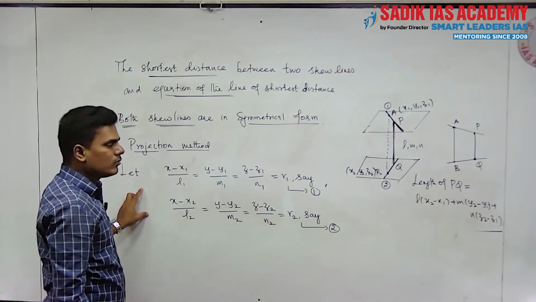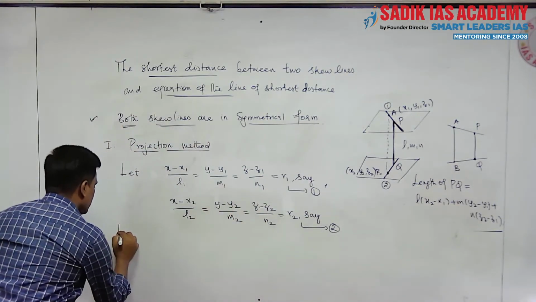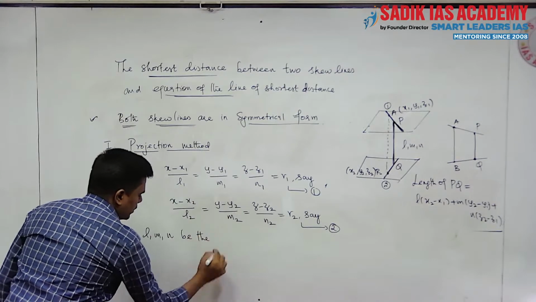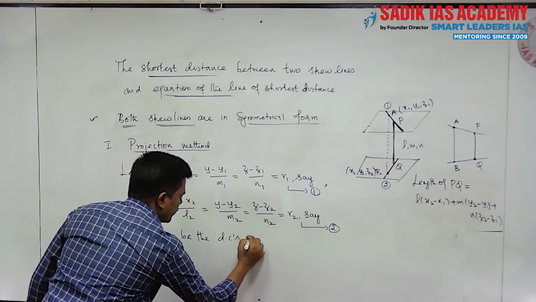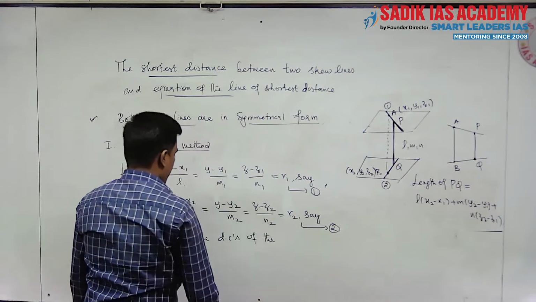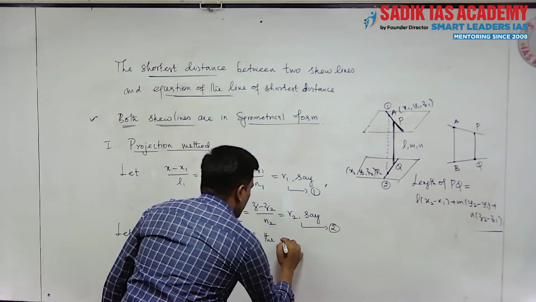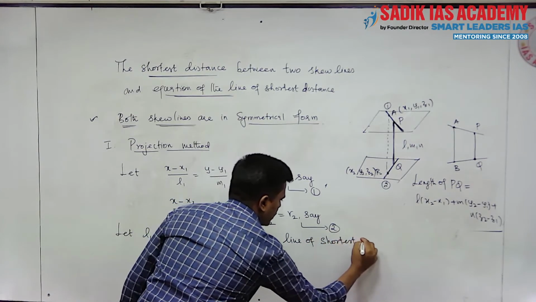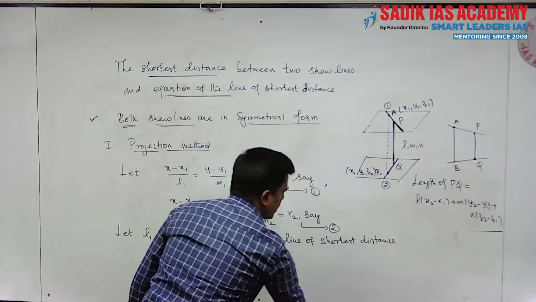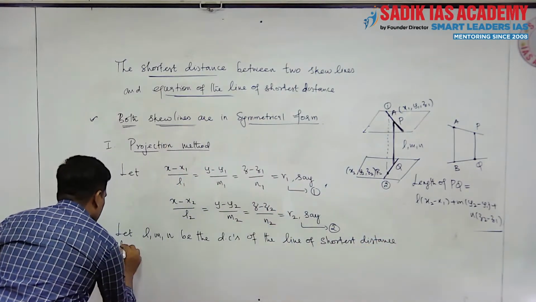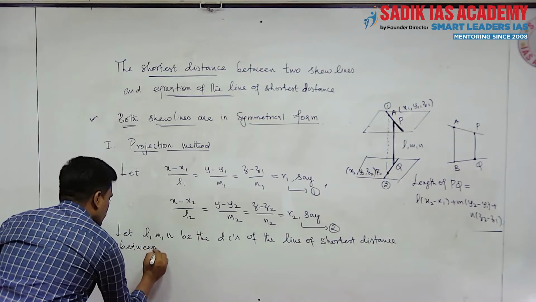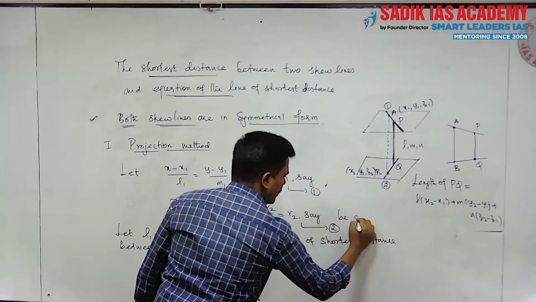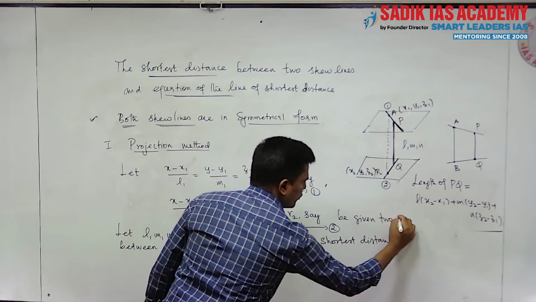We do not know them, right? PQ. So we will assume, let L, M, N be the direction cosines of the line of shortest distance between the two given skew lines.